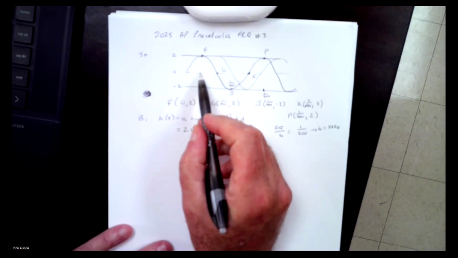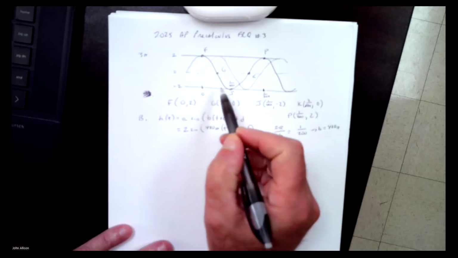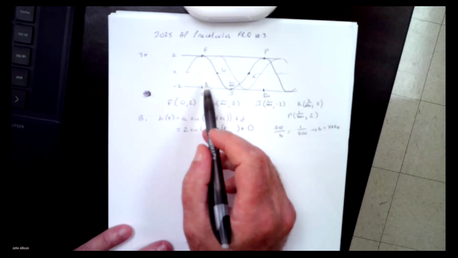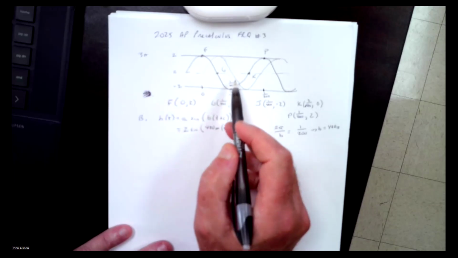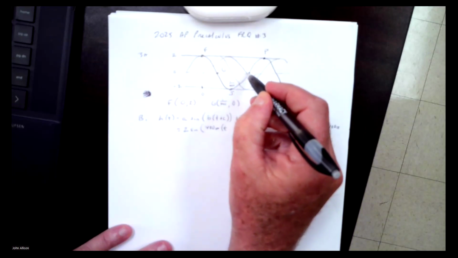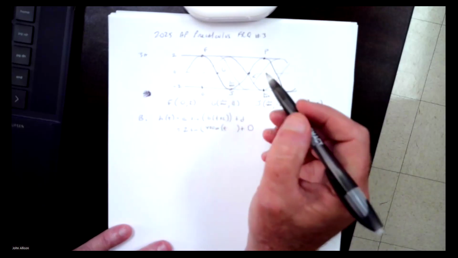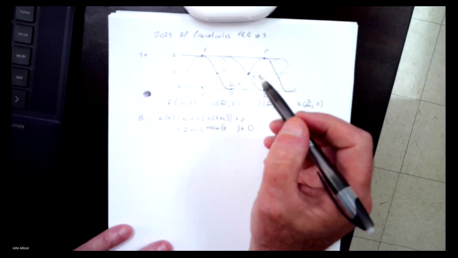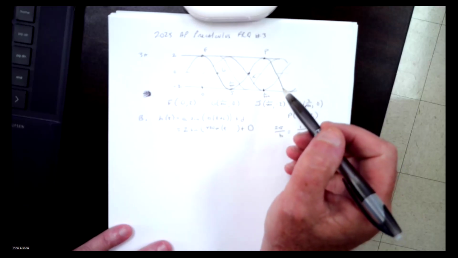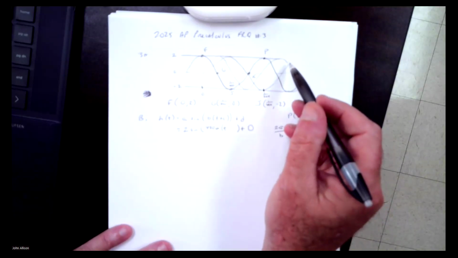It has been shifted. It would have gone from here to here, which would have been 1/4. It would have been like this. It would have completed its cycle in 1/200. So yes, it would have been here.